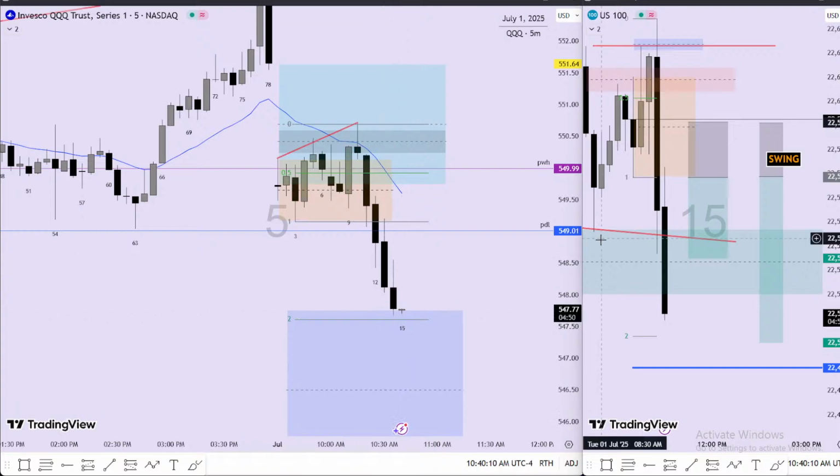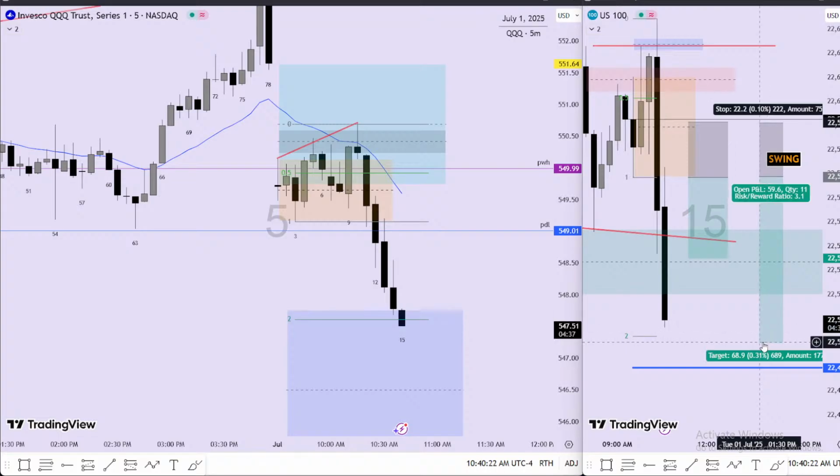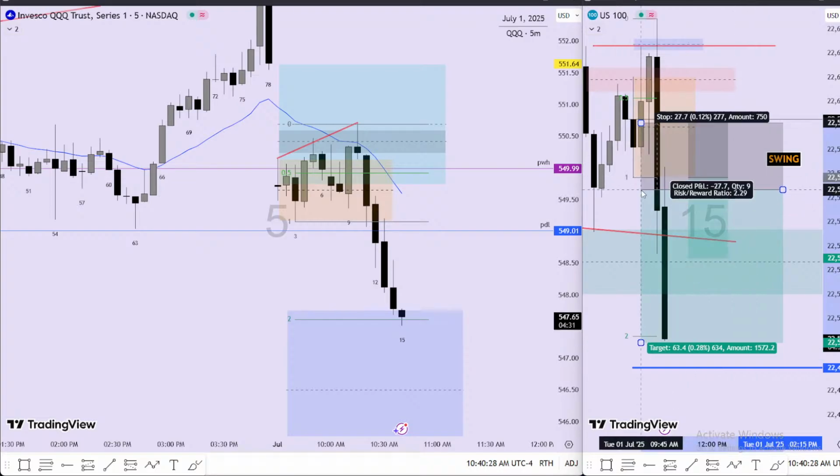If the price comes above this point, then you can get out if the price comes above any of the bear bars. Bears can get out. Now this is a two standard deviation. I'm closing my swing trade. Oh, nice. The full target on the swing trade is also achieved.